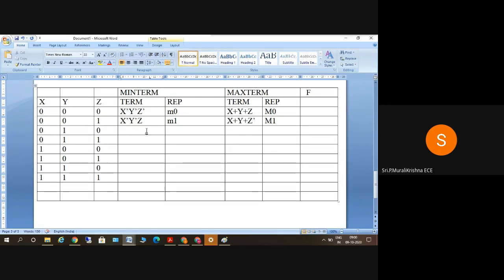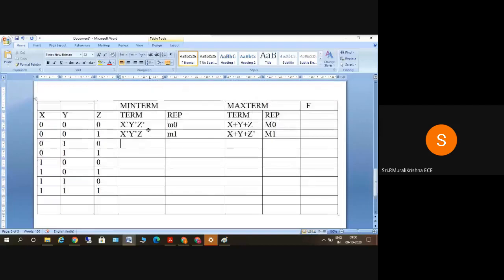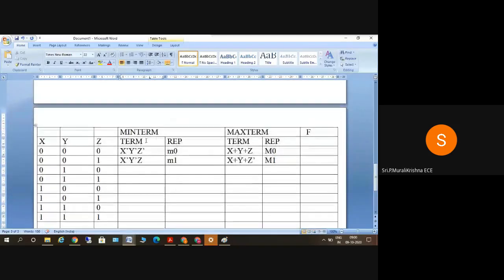In a similar way, we have all these terms.